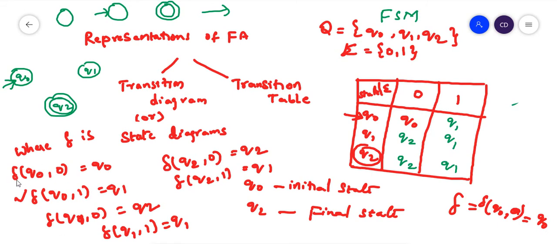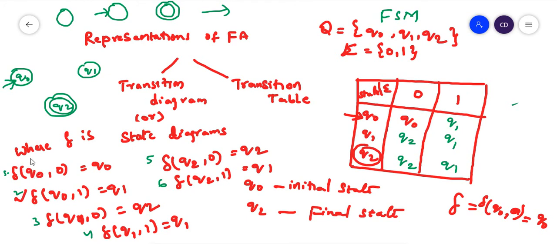This is your first transition function. These are nothing but the rules: by taking some input symbol from a particular state, where you are going to move is given by your transition function.